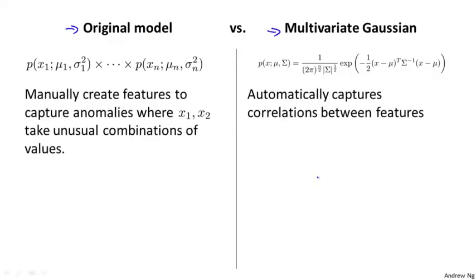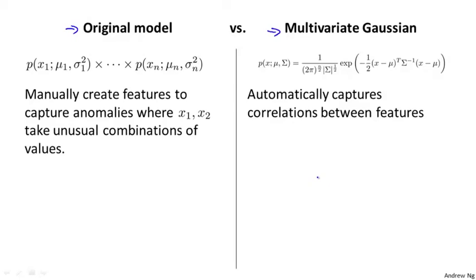So suppose you want to capture anomalies where you have different features, say where features x1, x2 take on unusual combinations of values. So in the earlier example, we had that example where the anomaly was with the CPU load and the memory use taking on unusual combinations of values.